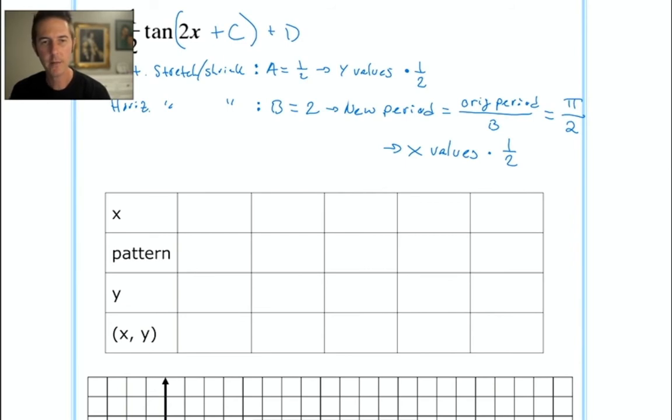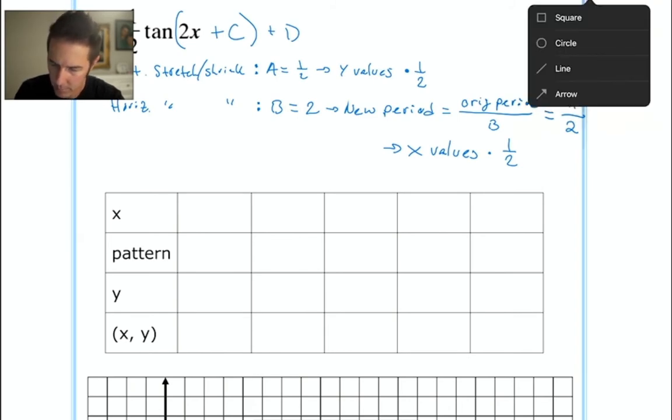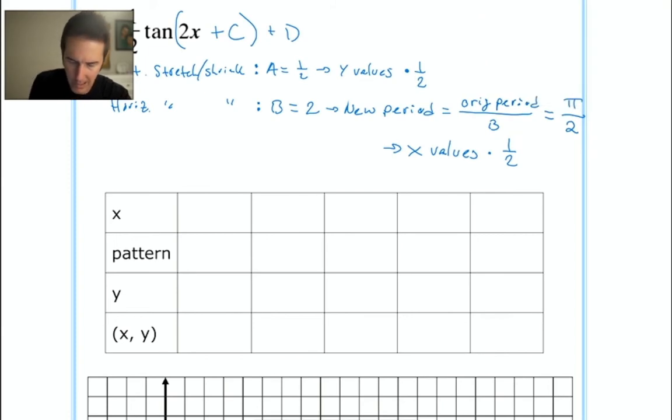Now when we're graphing the tangent function, the very first time we looked at it, we looked at some certain x values. We started with our horizontal, ooh, you know what? There was a nice way to do this. How did I do that before? Is it here, and then I can draw a line? Yeah.